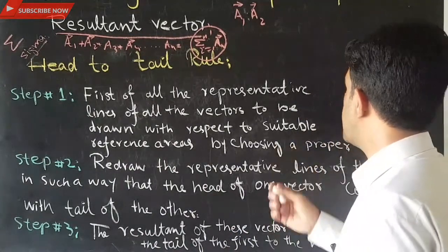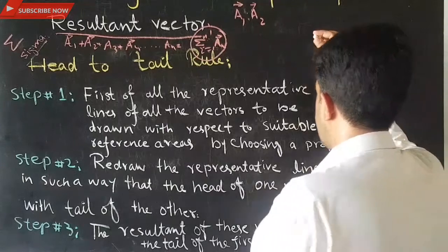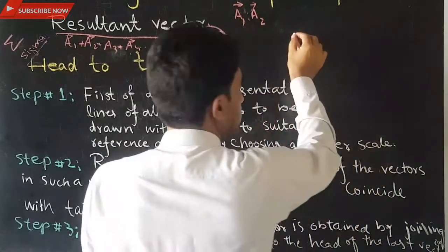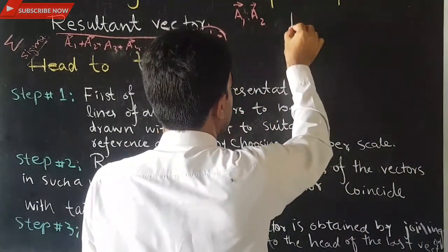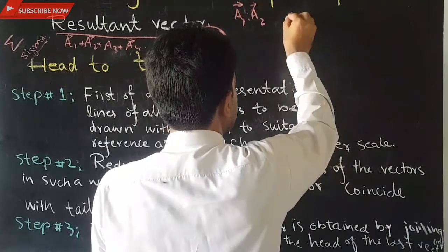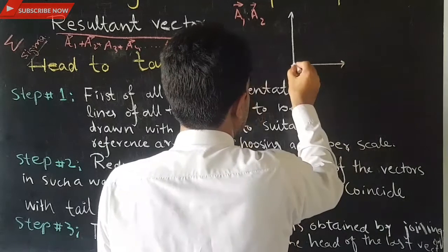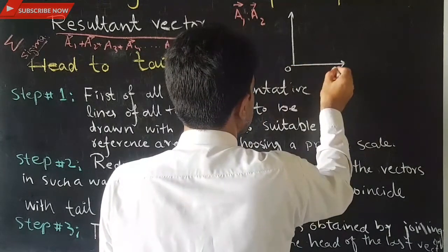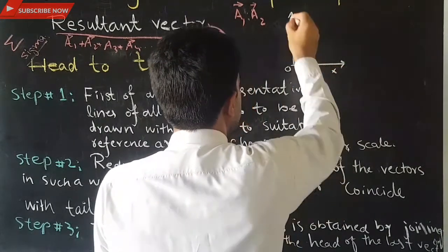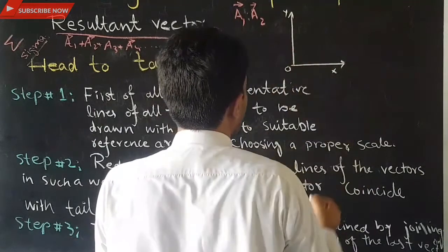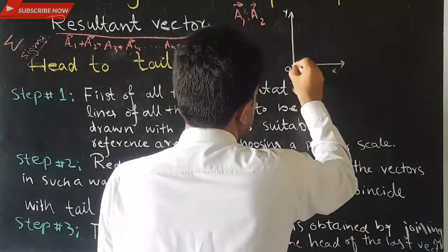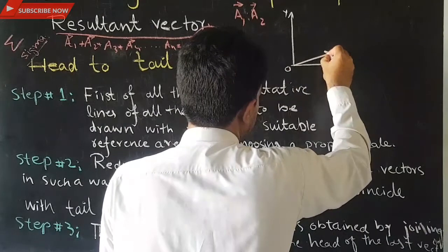So I have two vectors in xy coordinates. This is the y-axis and this is the x-axis, and this is the origin O. Let's say we have two vectors. One is vector A in this direction.